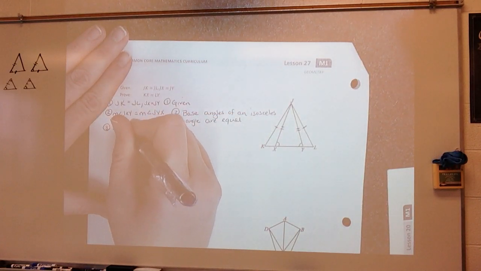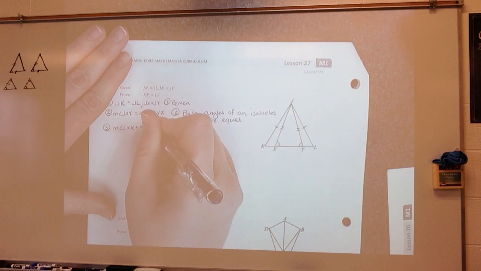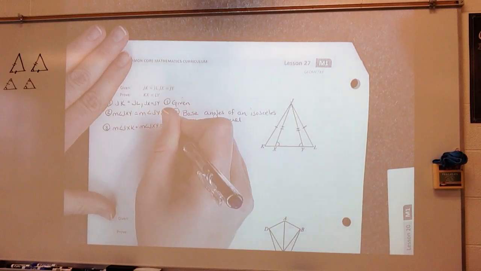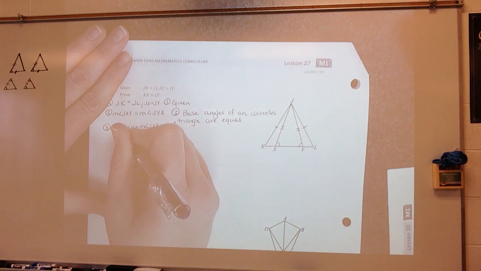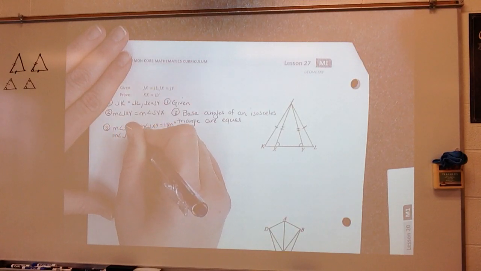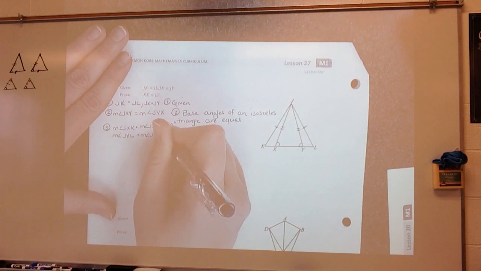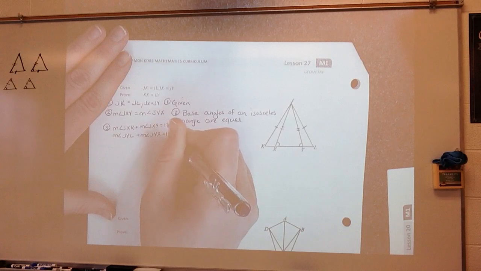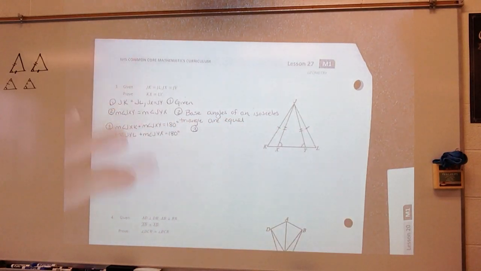The measure of angle JXK plus the measure of angle JXY equals 180 degrees. And the measure of angle JYL plus the measure of angle JYX is equal to 180 degrees. Alright? And the reason is linear pairs form supplementary angles.